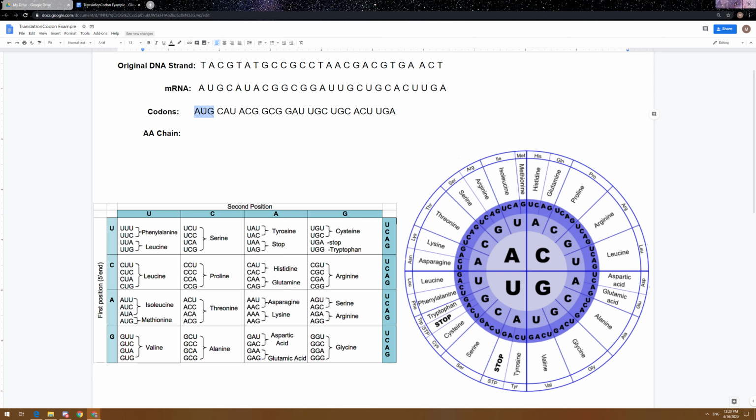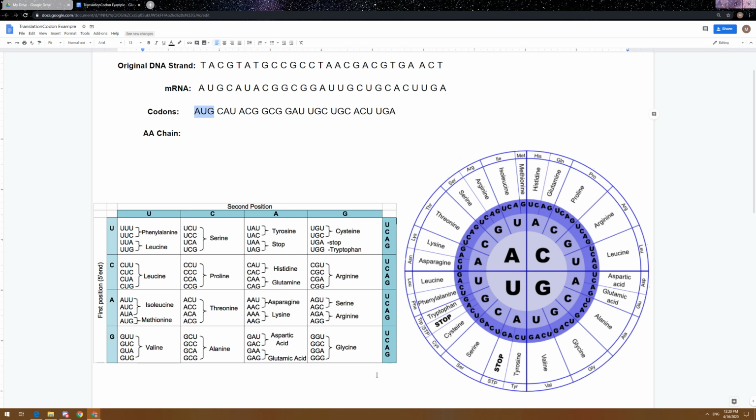Then for our second one, we look at our next letter, which is U. Second position is up here, and that's U. So A, U, so we're in this box here.